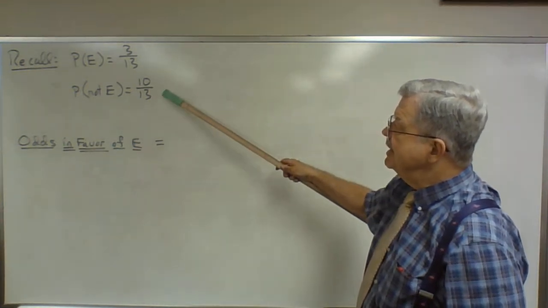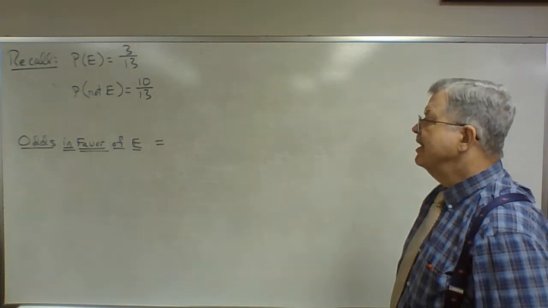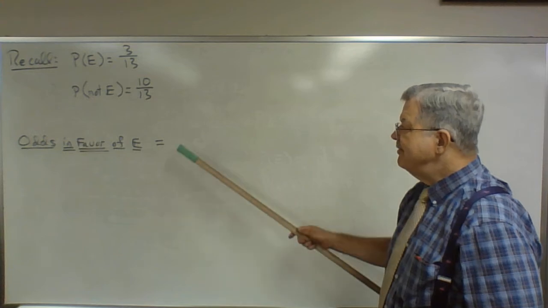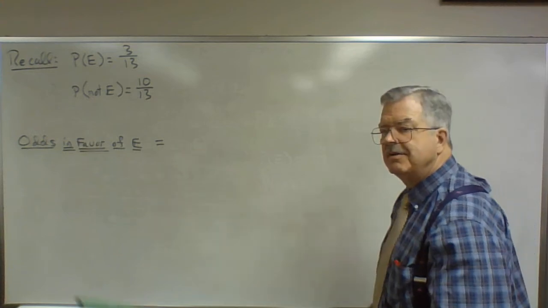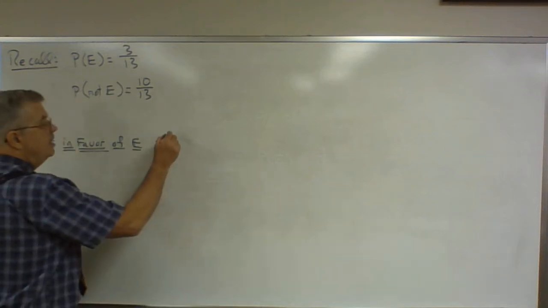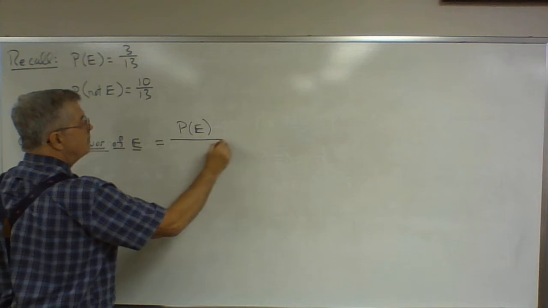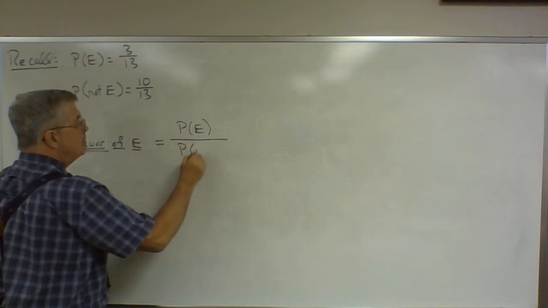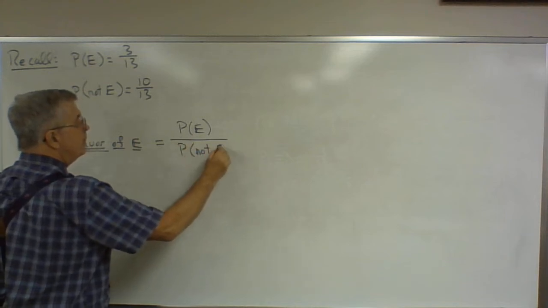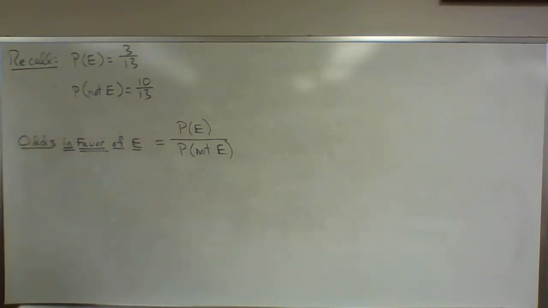The probability that E does not occur is 10 over 13. And the odds in favor of E occurring, let's see, how do we do that? You remember? Isn't it the probability that E does occur over the probability that E does not occur? That's what it is.